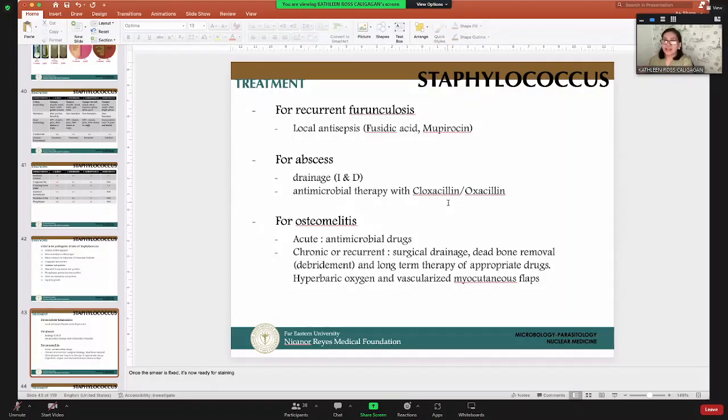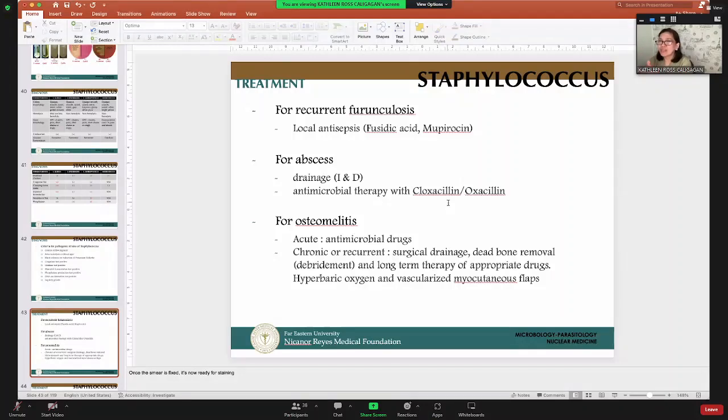Cloxa is oral, oxa is IV. So antibiotics may suffice, but for bigger abscesses, you may need to drain them to remove the pus so that it will give way for healing.